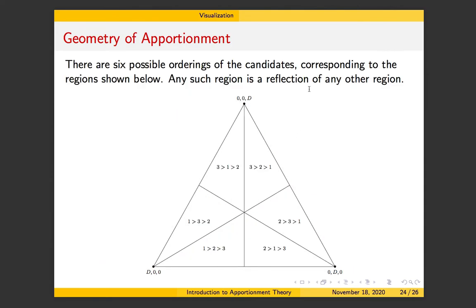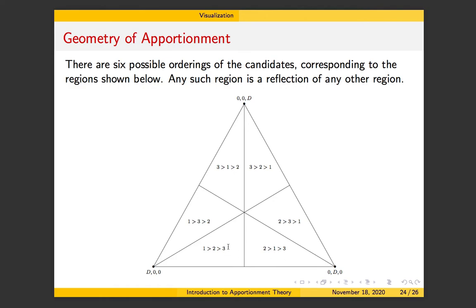Okay, so before I show the other two, let me just point out that with 3 candidates, there are 6 possible ways you could order them. So candidate 1 could be in the lead, followed by candidate 2, followed by candidate 3. Candidate 2 could be in the lead, followed by 1, then 3, and so on. Since there are 6 possible orderings, those orderings carve that triangle into 6 regions.